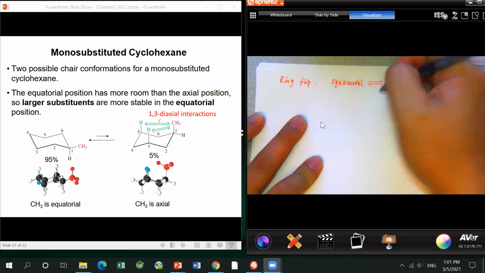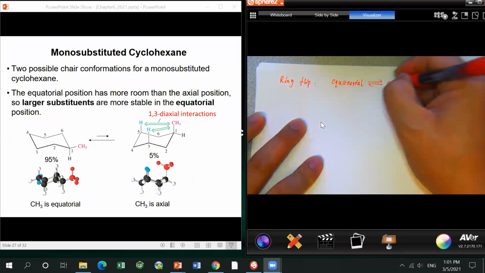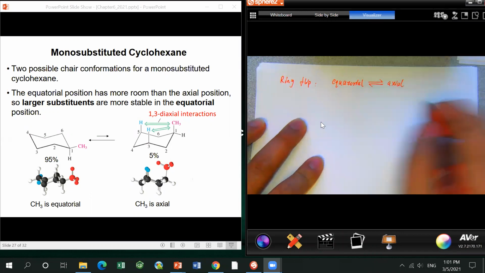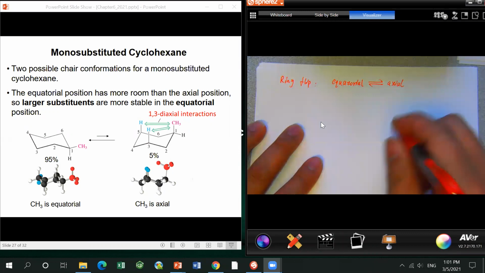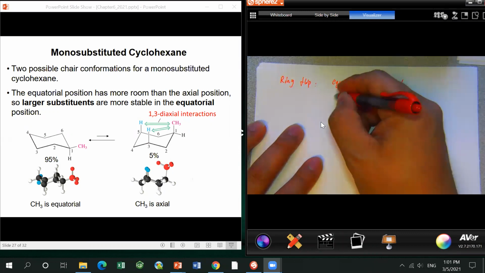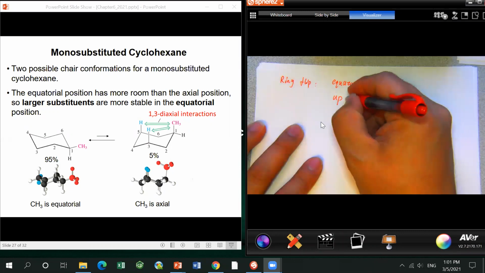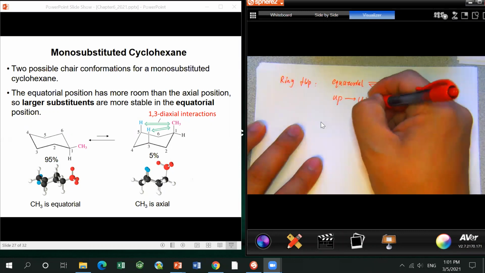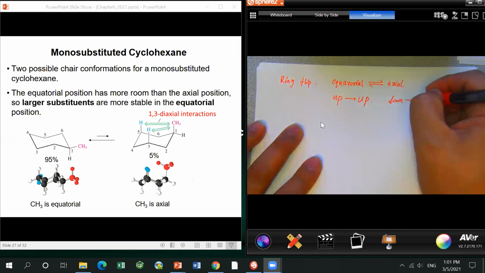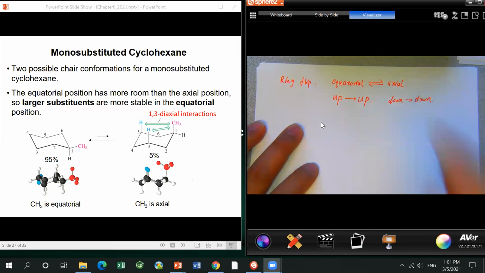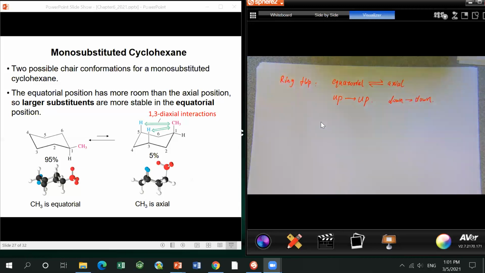So these two change during ring flips, going back and forth. But the pointing won't change. Pointing means going up or going down. So if it's up, after ring flip it's still up. If it's down, it's still going down. So pointing won't change. That's critical, so please write it down.